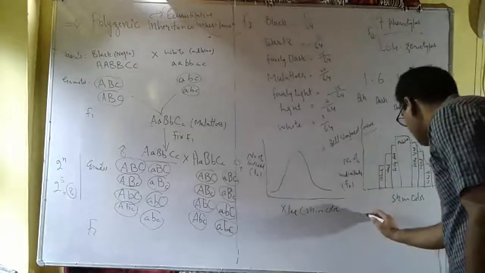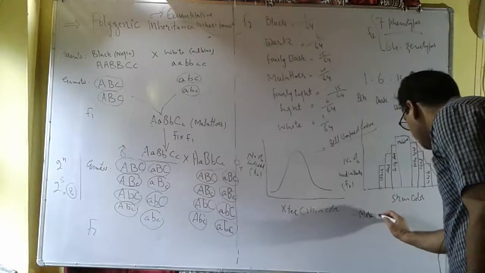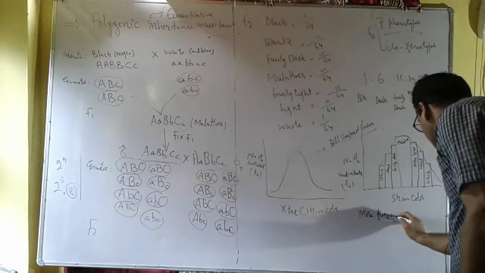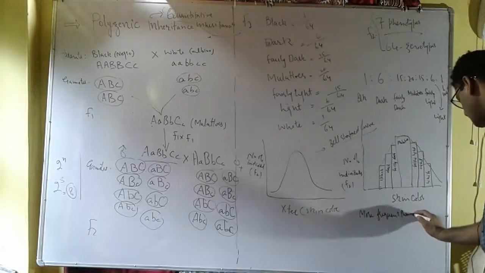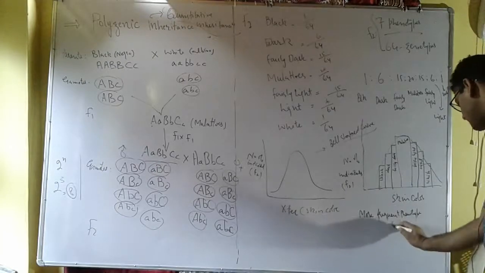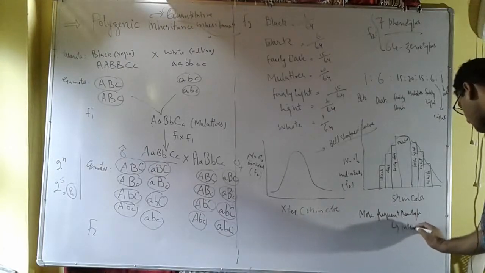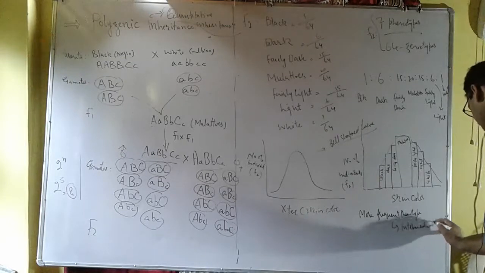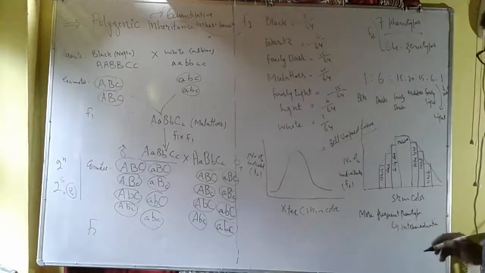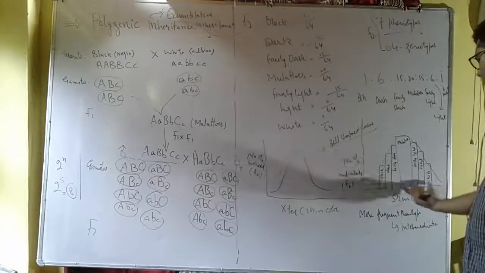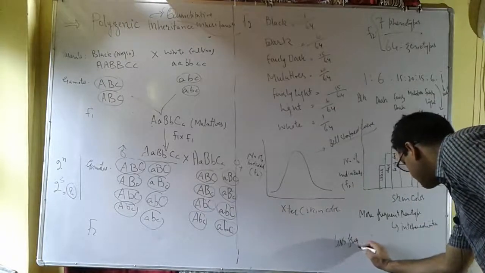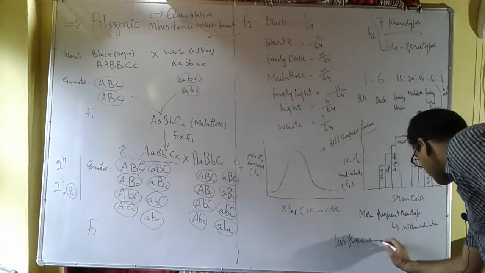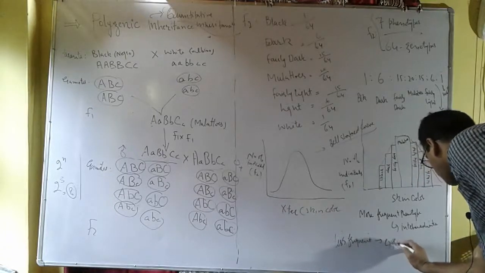We can say that the more frequent phenotype is intermediate, and less frequent are extreme phenotypes.